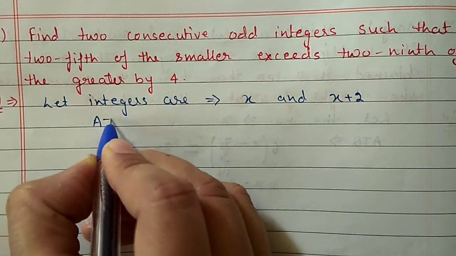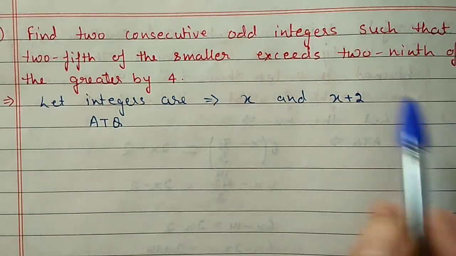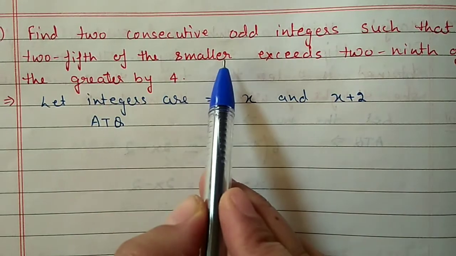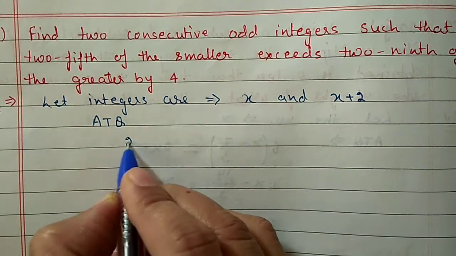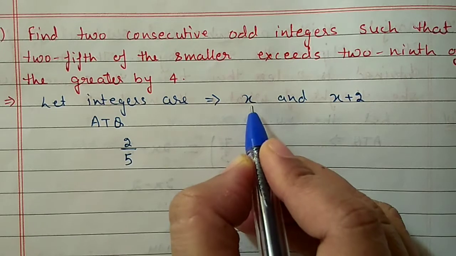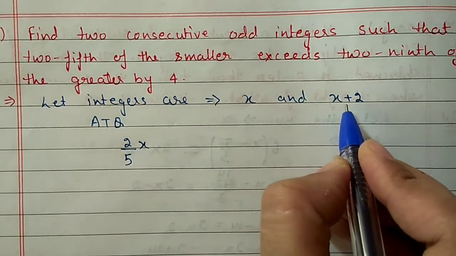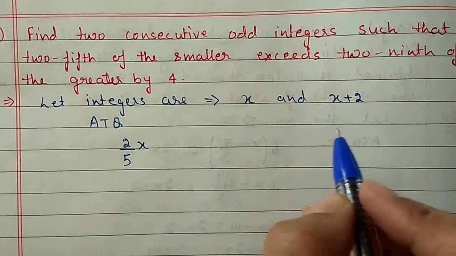Now we will frame the equation according to the question, such that 2/5 of the smaller number. So 2/5 of the smaller is this one, and this is the bigger one because we are adding something here.